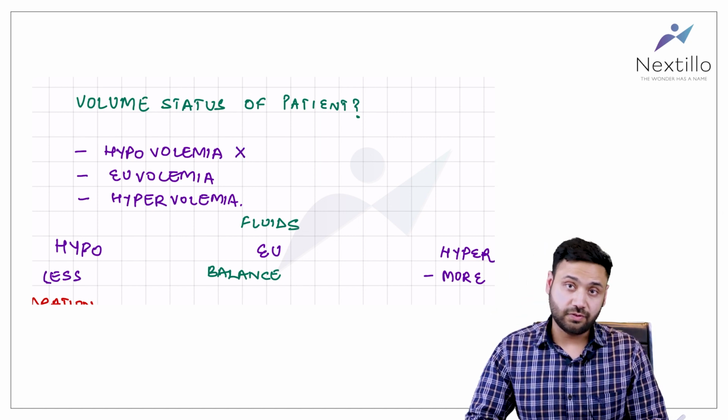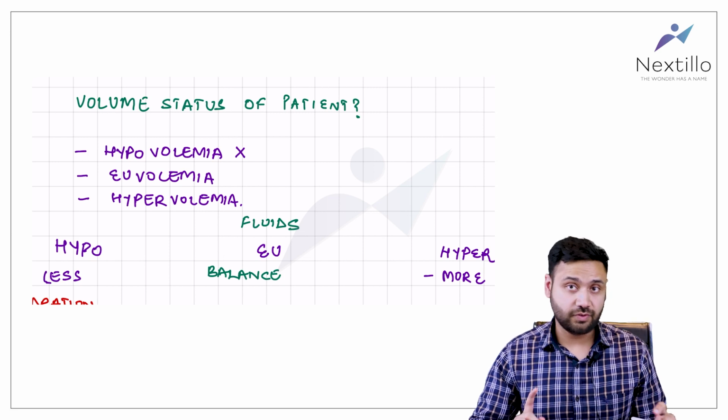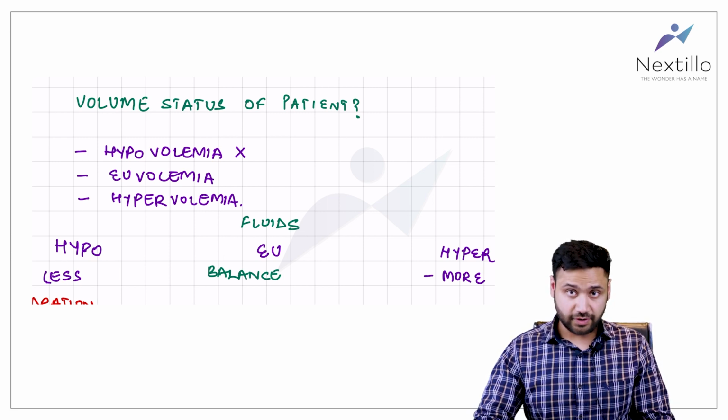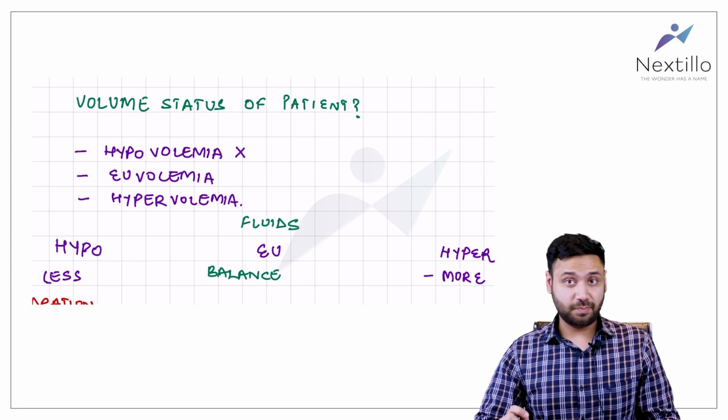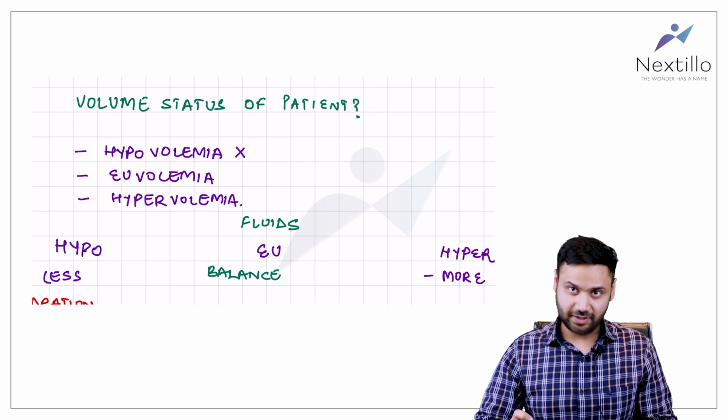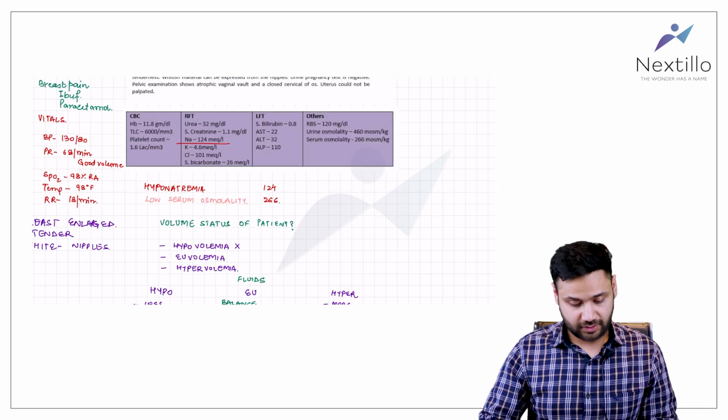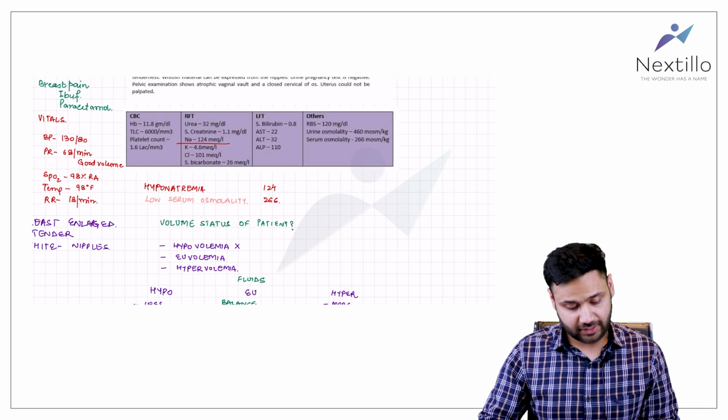We saw that in physical examination there are no signs of dehydration, right? And in the vitals the pulse rate is 68, the pulse volume is good, and the blood pressure is 130 by 80.